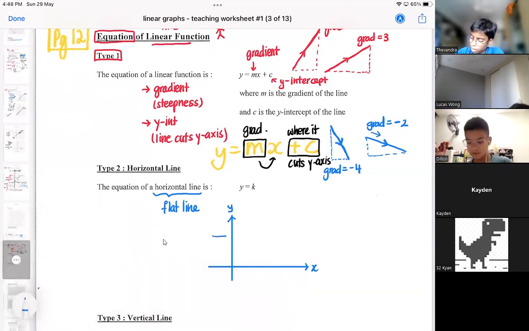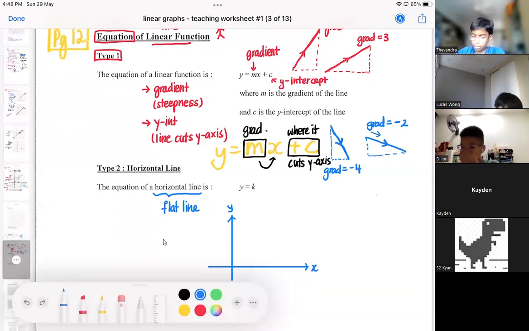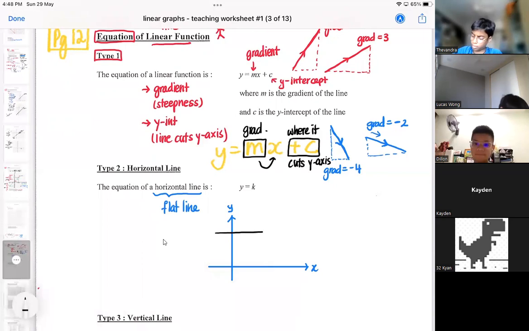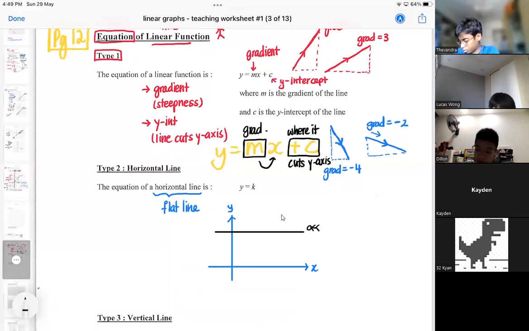It looks horizontal. So imagine this is you, lying flat, sleeping. Maybe it's easier if you visualize that, I'm sleeping here like this, horizontal. So this is an extreme line. You realize this line is totally flat.